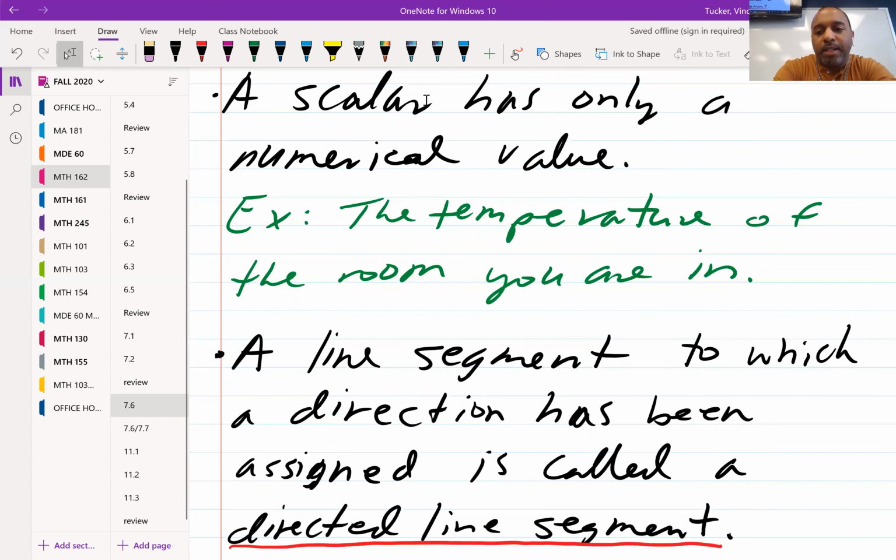Next, a line segment to which a direction has been assigned is called a directed line segment. Right now, we're just going through terminology, setting our foundation so that when we see these different terms, you know what we're talking about, especially when it comes to scalar and magnitude.